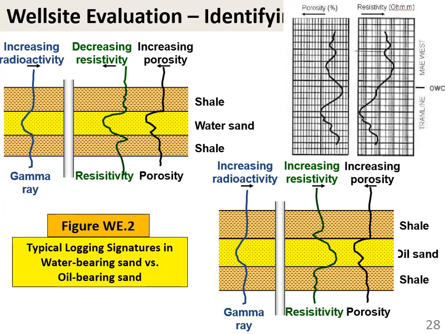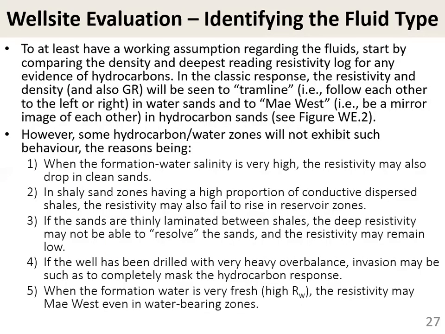If you look at the oil zone, you'll see that while the gamma ray and the porosity logs appear to trend each other, the resistivity is like a mirror image of the porosity plot or the gamma ray, depending on how you look at it. So here, it's a Mae West thing. These are just some typical signatures for discriminating between hydrocarbon sands and water sands.